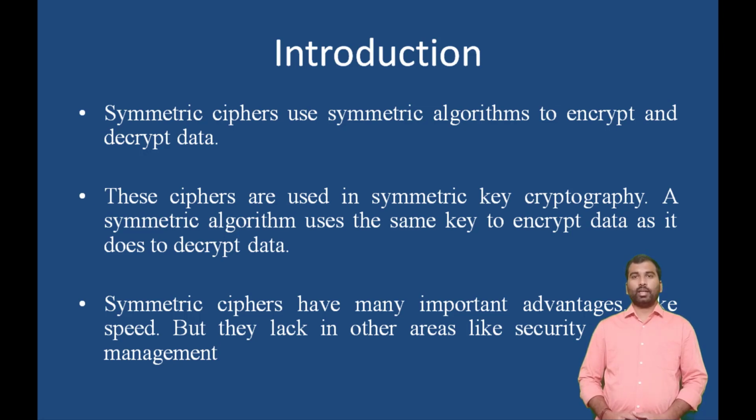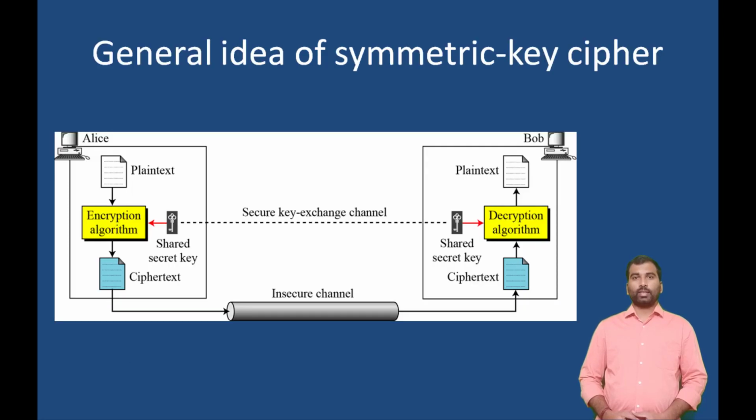So you can see the general idea of symmetric ciphers here. We have two parties, Alice and Bob, who want to communicate. Alice wants to send a message to Bob. First of all, Alice encrypts the plain text with the encryption algorithm and a secret key, which generates a ciphertext. Now this ciphertext is forwarded to Bob over an insecure channel, that is, over the internet.